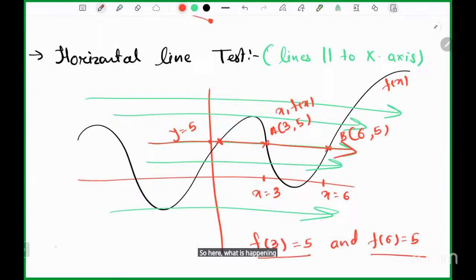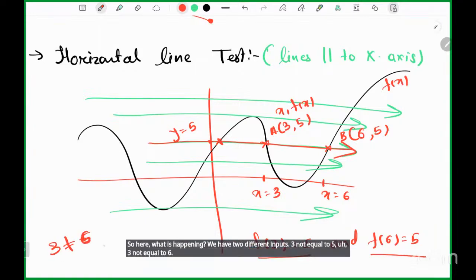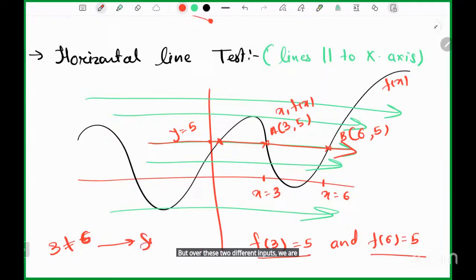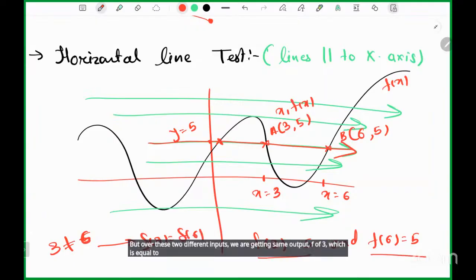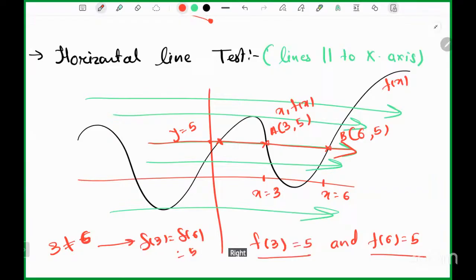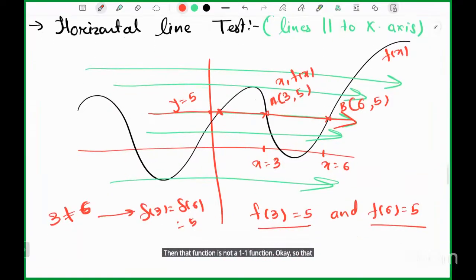We have two different inputs, 3 not equal to 6, but over these two different inputs we are getting the same output, f of 3 equals f of 6 equals 5. So that means if a horizontal line intersects the graph of a function more than once, then that function is not a 1-1 function. That's the meaning of the horizontal line test.